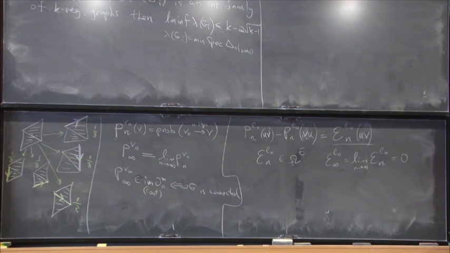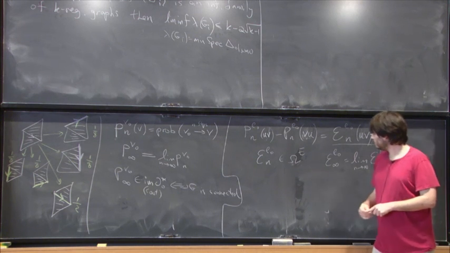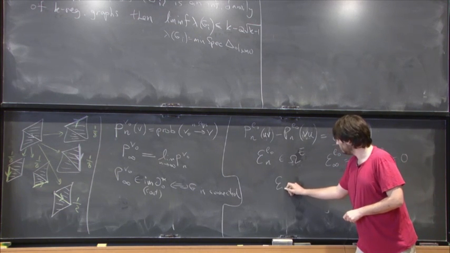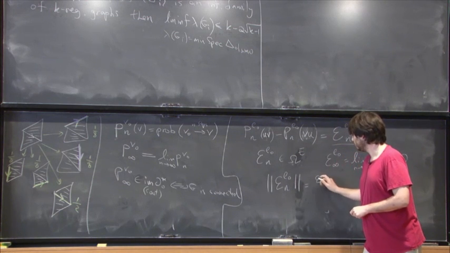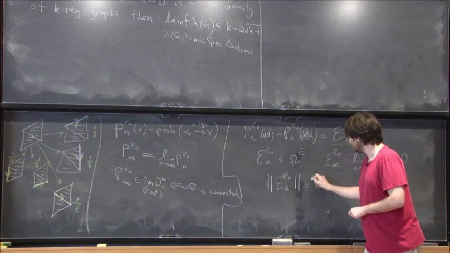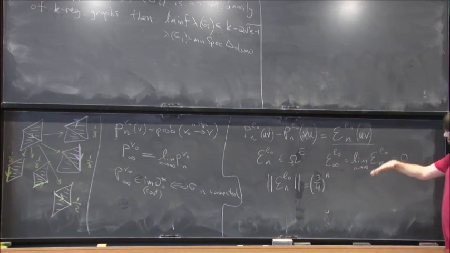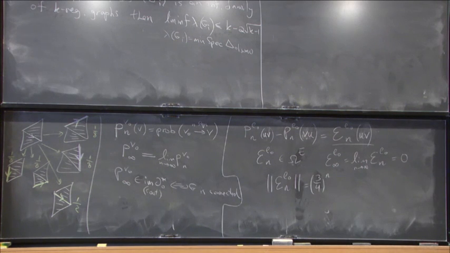But the thing is that the decay here is well understood. This is 3/4 to the n. It decays geometrically, and this is the rate of decay of the expectation flow.